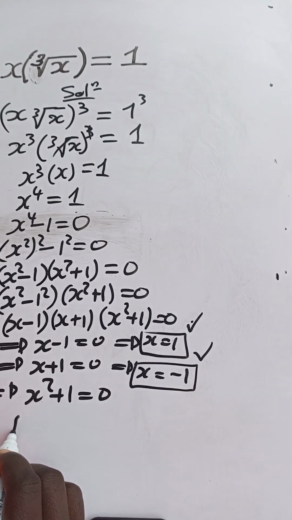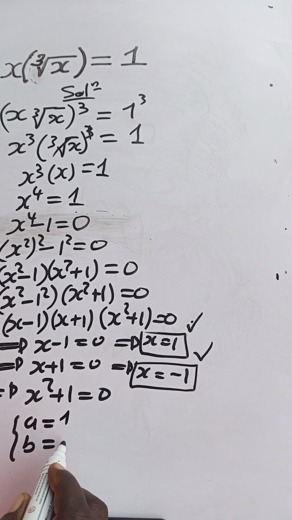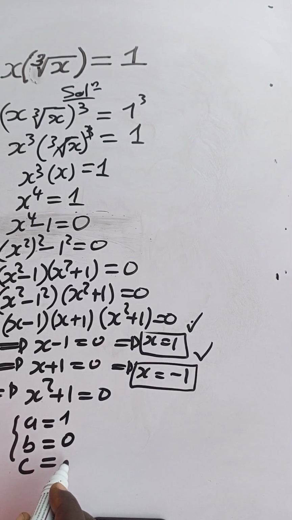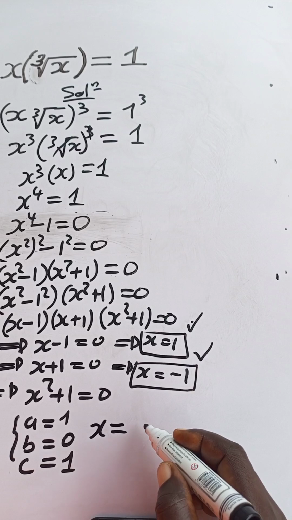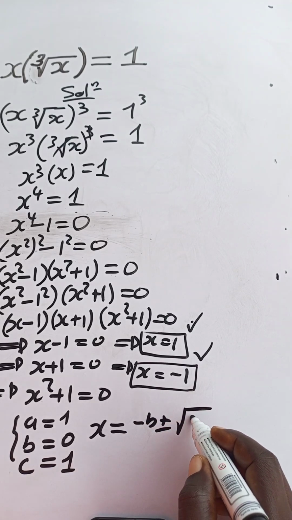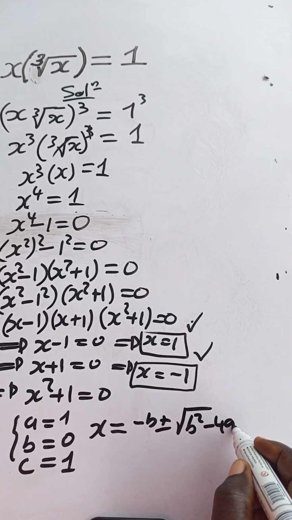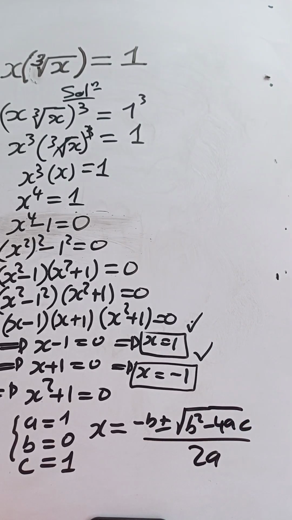Now, let's collect our information. a is the coefficient of the x squared term, b is the coefficient of the x term, and c is the constant. After collecting this information, we know that using the quadratic formula, x is equal to minus b plus or minus the root of b squared minus 4ac, all of that divided by 2a. That's the formula we're going to use to get our remaining two solutions.